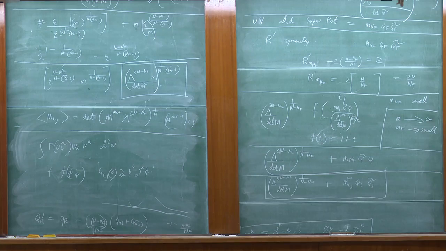So one can construct the combination, and then F will be a function. So what's wrong with that? Maybe.